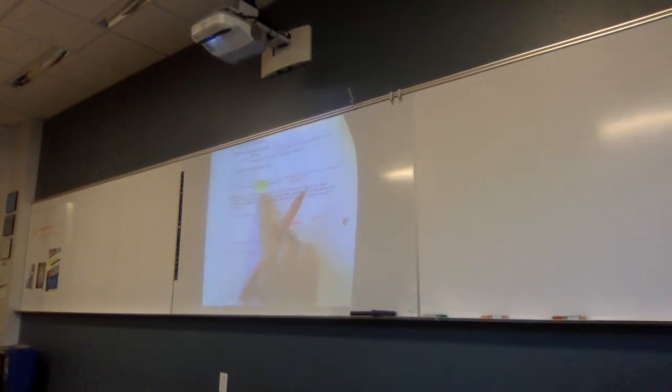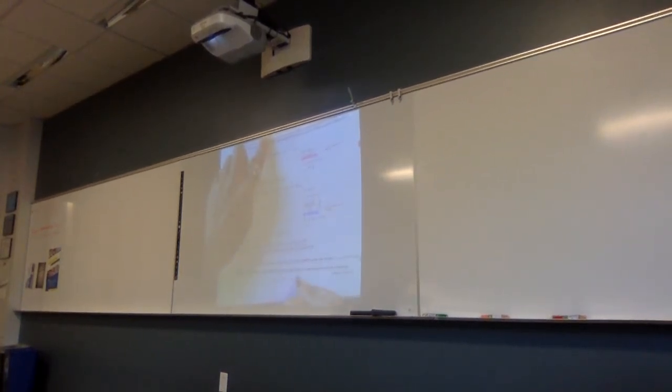Using an extended inequality. So instead of just splitting it into 2, I could have also written this as x minus 2 is less than 3, but at the same time greater than negative 3. This is the same thing as writing them separately and connecting it with an and.